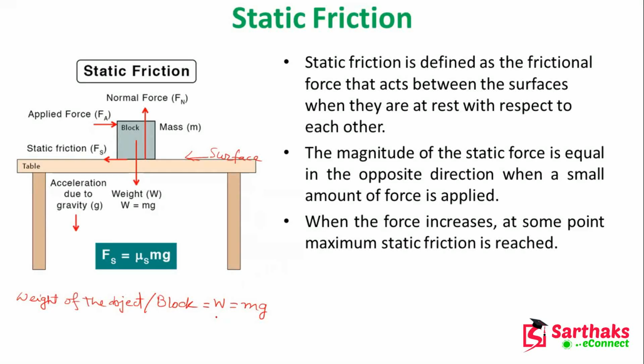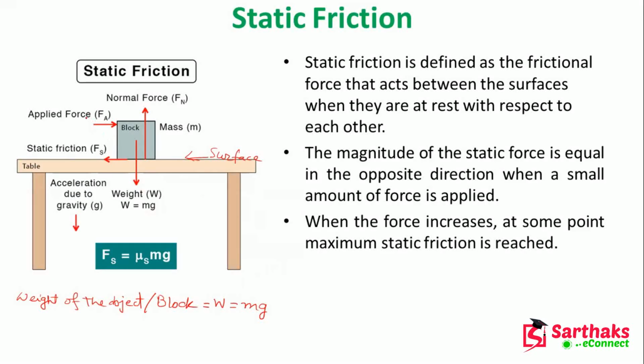Okay, now here you can see that if it is static on the surface of the table, at that time one frictional force will be acting in this direction, and that is called the static friction.